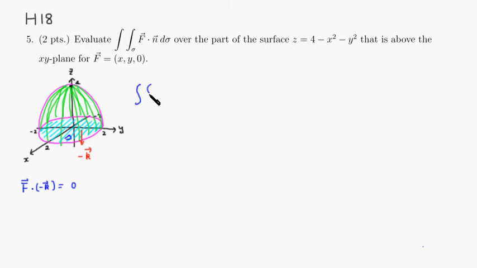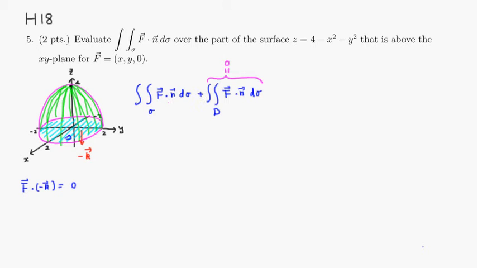So if you look at the double integral over sigma of F dot n d sigma, plus the bottom piece, which is over the disk, F dot n d sigma, we know that this guy has no contribution because this is going to be 0.